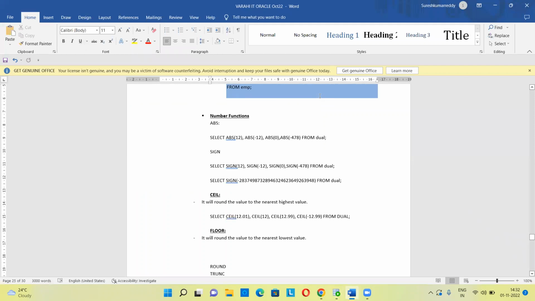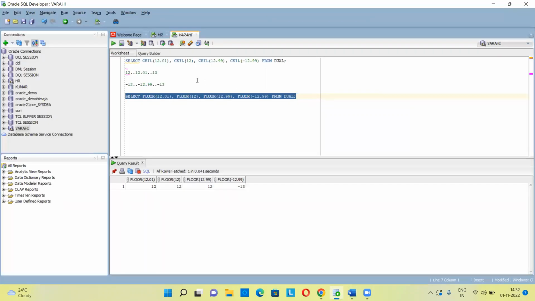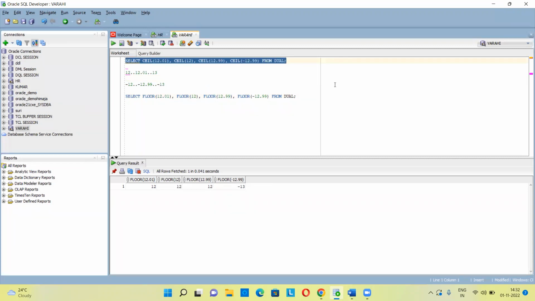Understood what is meant by ceil and what is meant by floor? I'm just repeating this. What is the difference between ceil and floor? Ceil is a function. It will round the value to the nearest highest value.